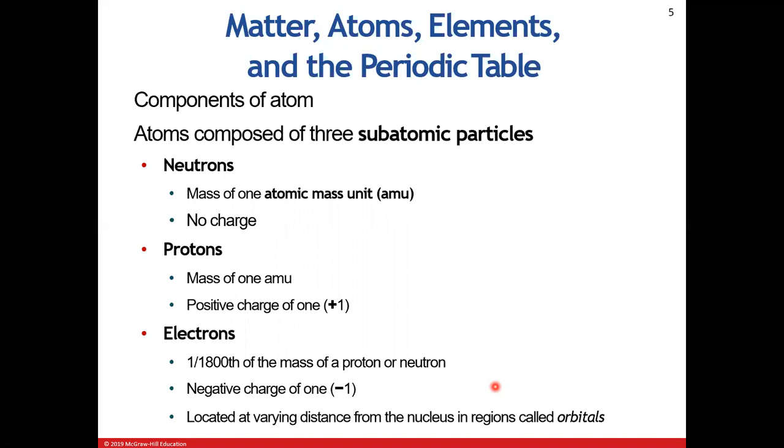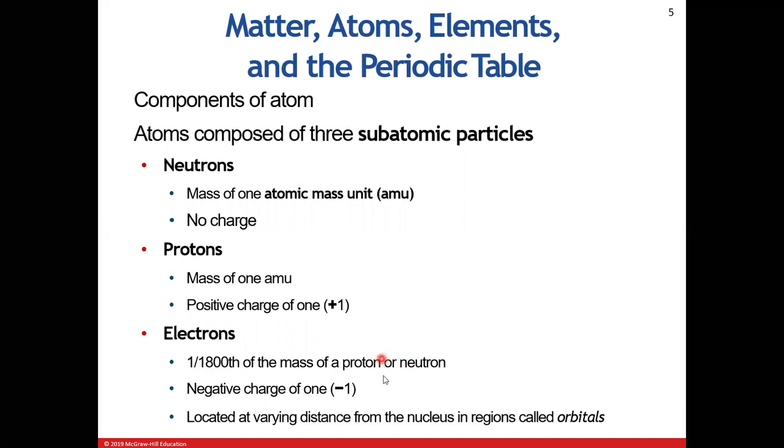Protons also have a mass of 1 AMU, and a positive charge of +1. And then we have electrons. Electrons have a negative charge of -1, but if you look here at their mass, it's 1/1800th the mass of a proton or neutron.